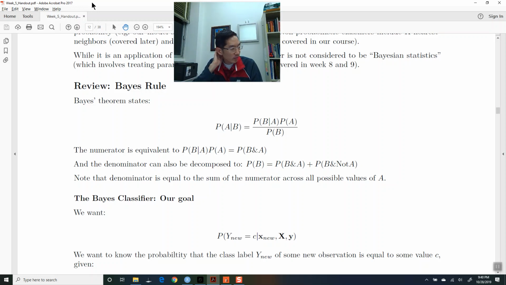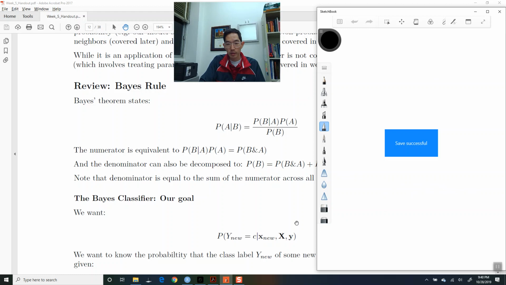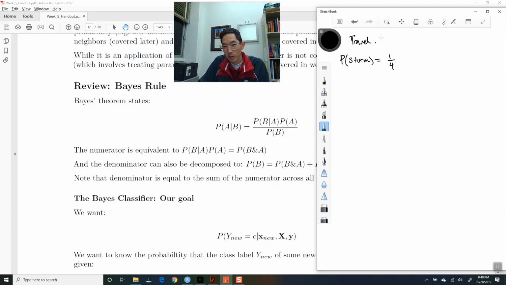We could have other scenarios. I don't want to turn this into a lecture on Bayes' rule, but you could say, if we're going to travel, the probability that there's a storm is going to be 1/4, and then the probability that your flight gets delayed if there's a storm maybe is 0.8.